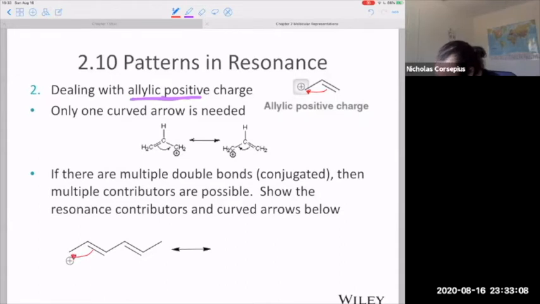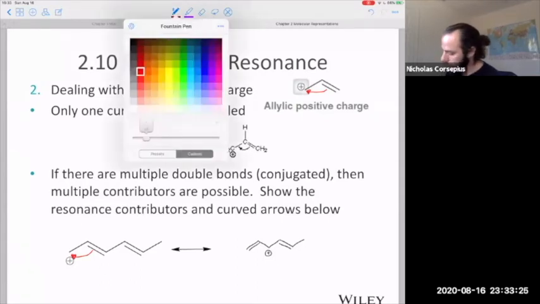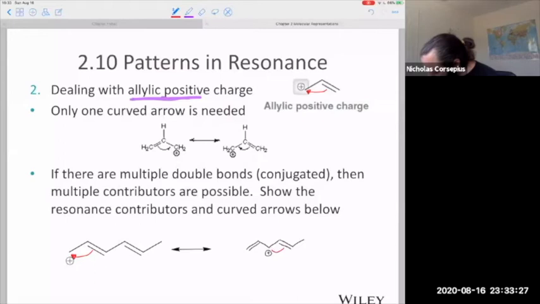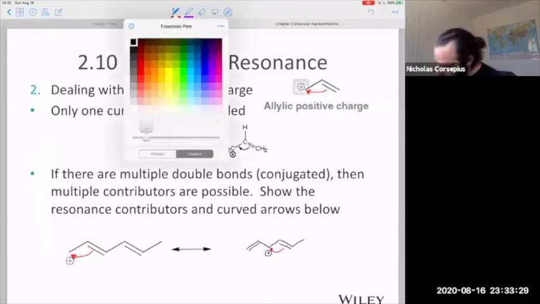For example, here would be 1. That would get me the following. Now my positive charge is located here. Notice that this is also an allylic positive charge, so this pair of electrons can jump there.